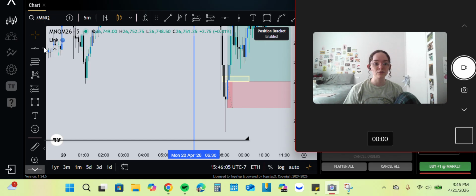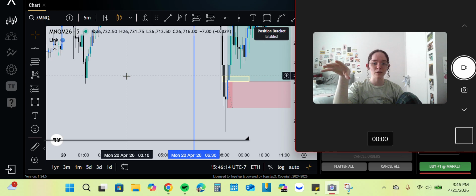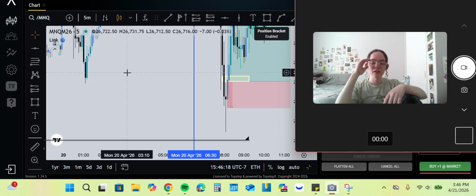Usually I'll use MES to find an SMT, and all that really means is that there's a difference between the asset prices, and it can be helpful in signaling a trend reversal. A lot of the times MES is leading MNQ, MNQ is following MES.